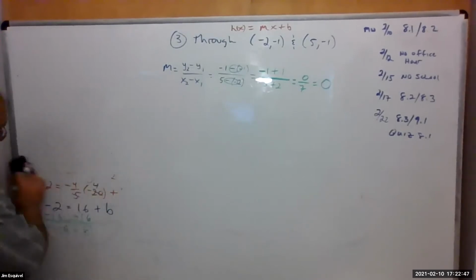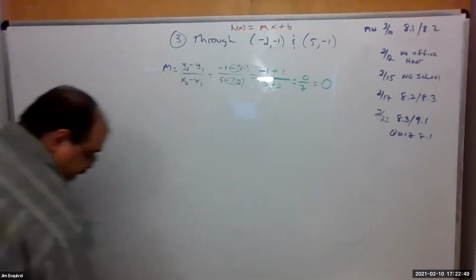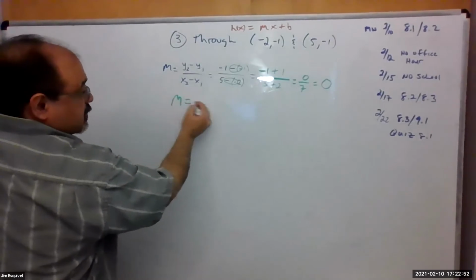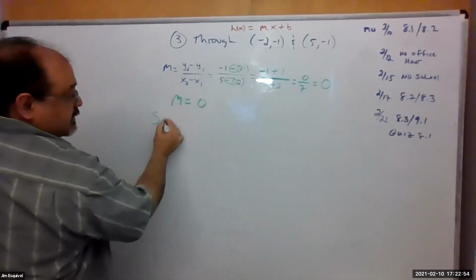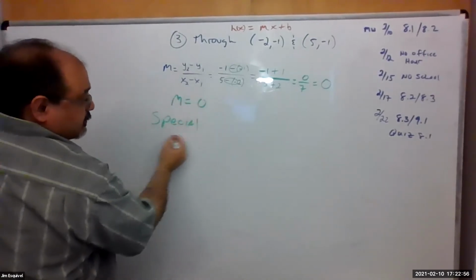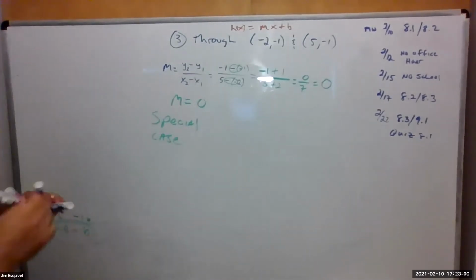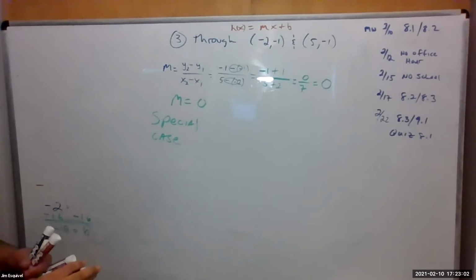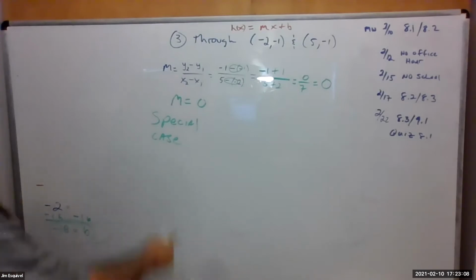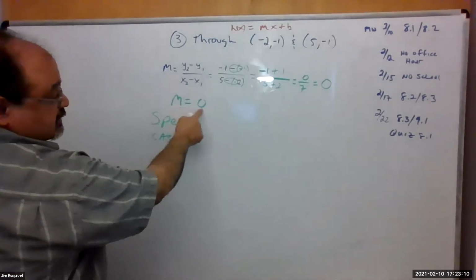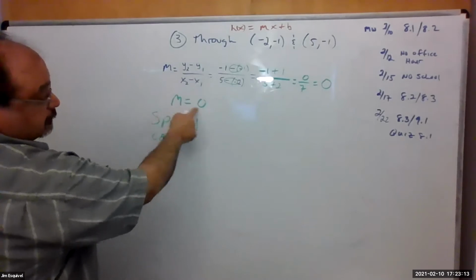Which means if the slope is 0, this is a special case. This is either a horizontal or a vertical line. So we can't do y equals mx plus b and plug our stuff in. You need to know which one. Is this the horizontal or vertical line?